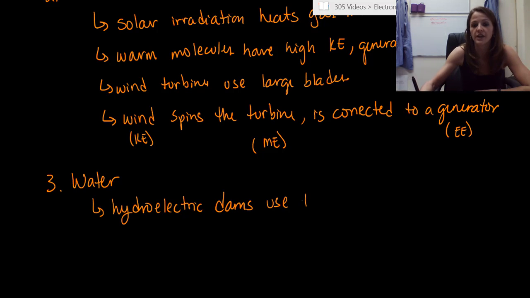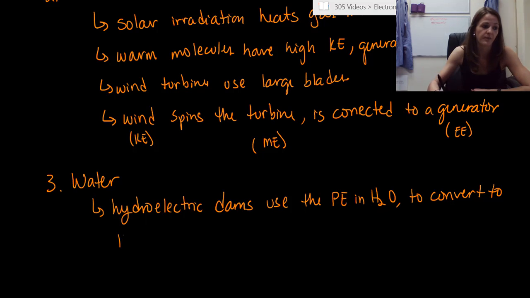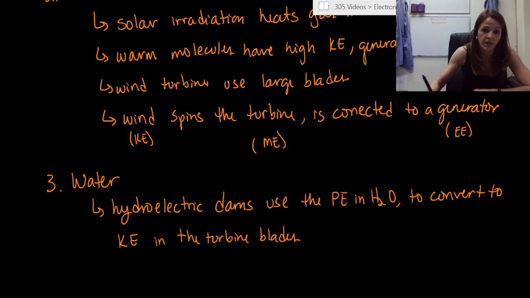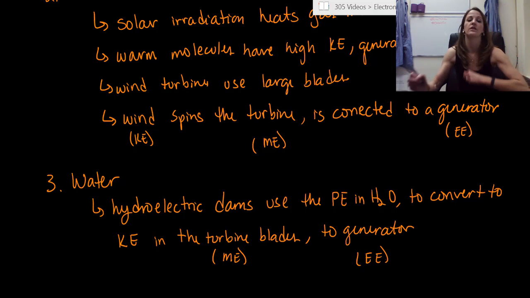They use the potential energy of water, and then we use it to convert to kinetic energy in the turbine or before the turbine blade. So the kinetic energy then converts to mechanical energy at the turbine blades. And then after that, it goes to the generator, which we know converts the mechanical energy to electrical energy.